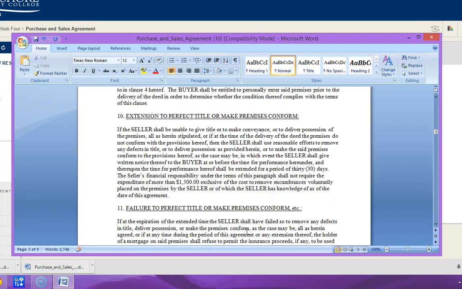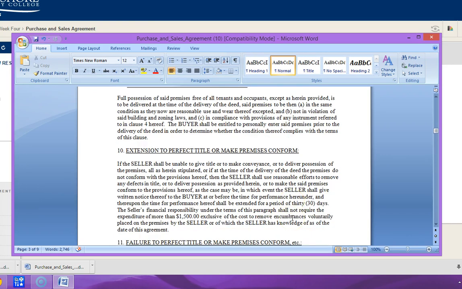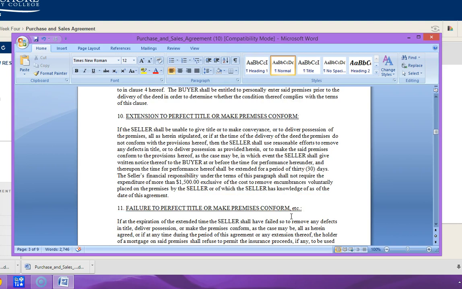And then 9, 10, 11, and 12 basically say this, that at the time of the closing, the seller is going to deliver full possession of the premises free of tenants and title defects in the same condition as they were when he first saw it, in compliance with zoning. If for some reason the seller is unable to give title in accordance with that paragraph, or deliver possession because there's a tenant on the property or something like that, then the seller has the right to extend the time for closing for 30 days, in which time he will then correct these defects in title or this inability to deliver title.